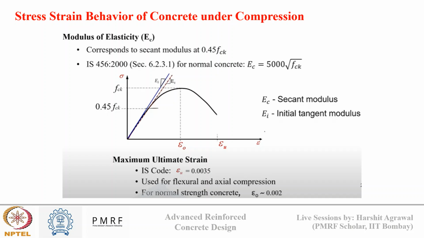So we saw a few slides ago the modulus of elasticity, stress versus strain profile of concrete under compression. Now, for a particular strain value, how to predict the stress in concrete? For this, we need certain simplified stress strain relationships.